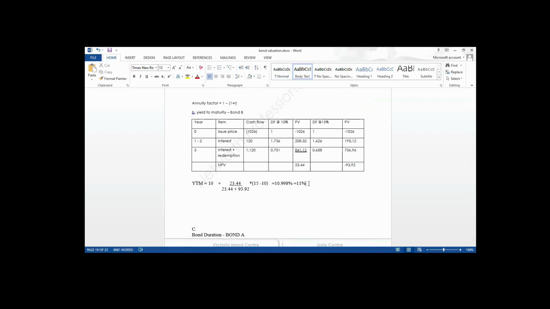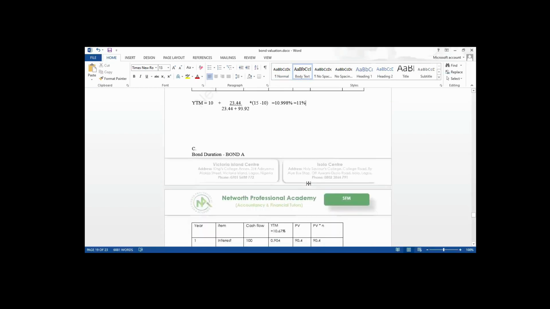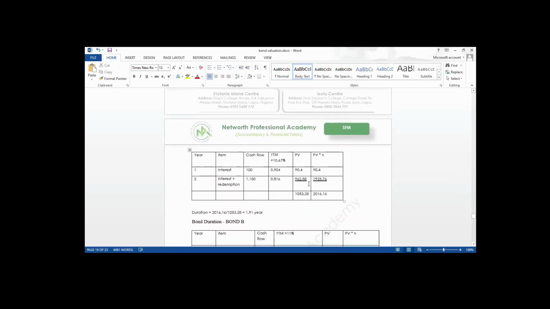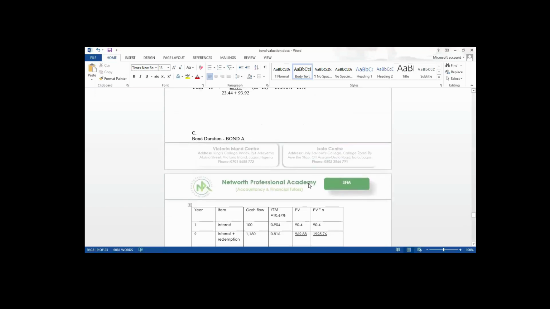Step 2, use the yield to maturity to discount the expected future cash flows. What are the expected future cash flows? That is cash flow in the future, not year 0. Year 0 is now.